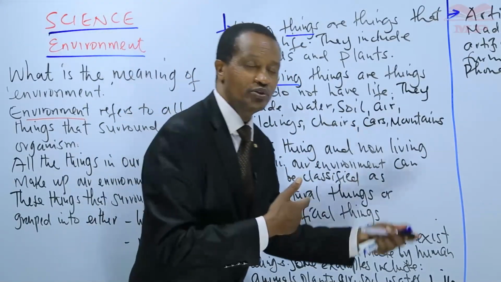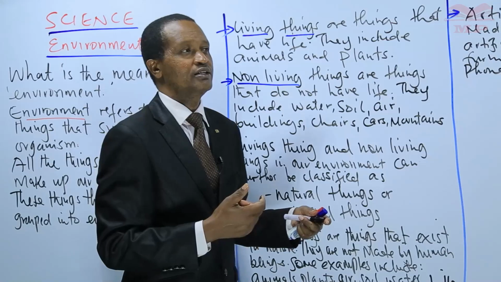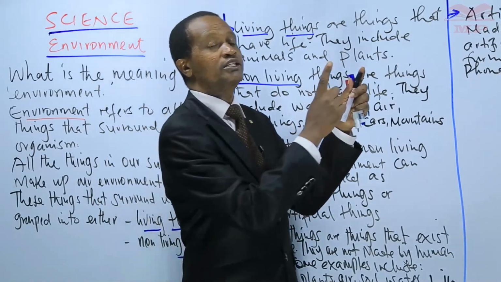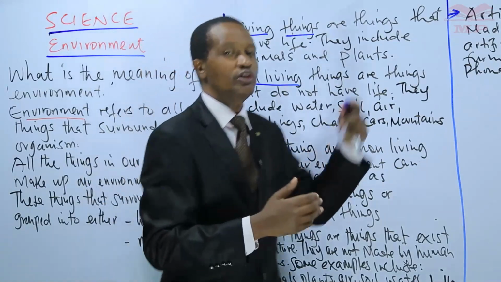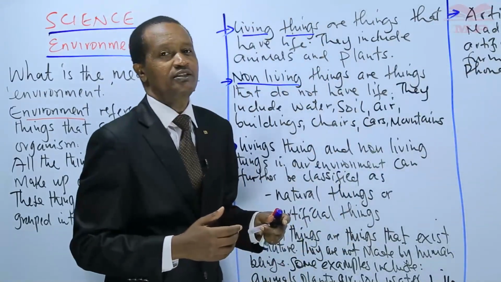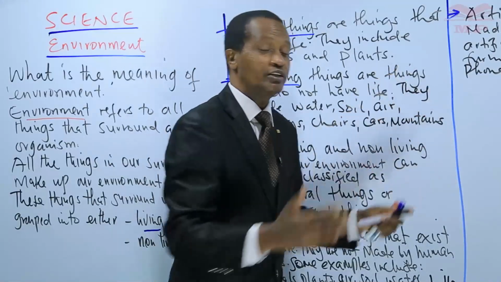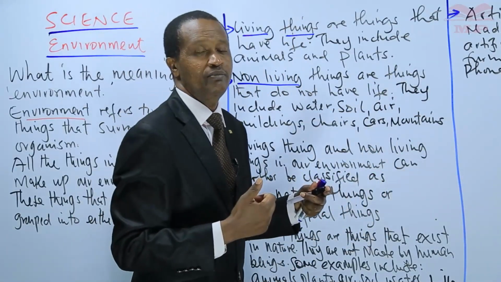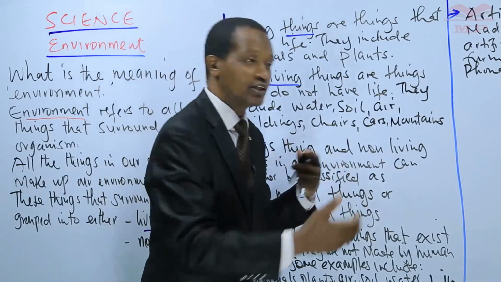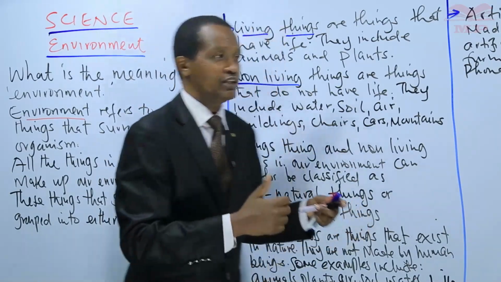You may buy animals, but in old times, animals were also not bought. People used to go hunting in the forest. Animals were also free. Nowadays, people are selling animals because they are making business out of it, which is still okay because they feed the animals.